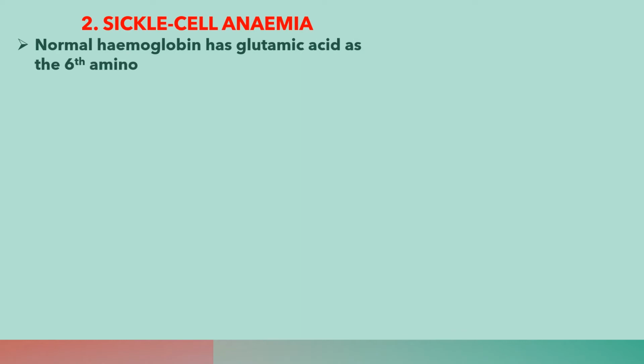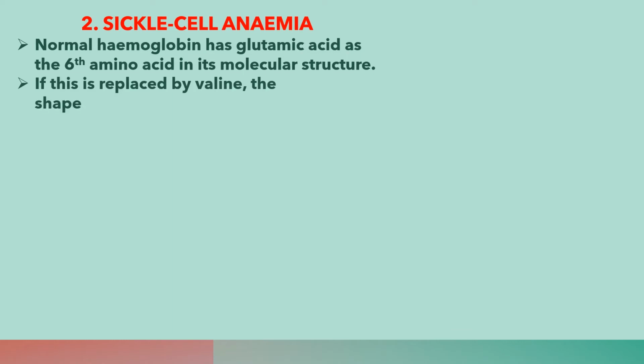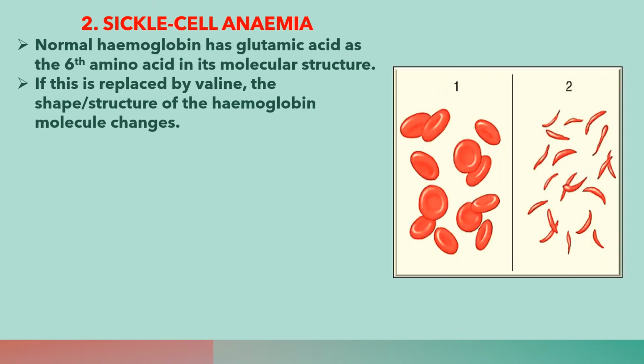Now, the second type of monogenic disorder which we have to study is sickle cell anemia. Normal hemoglobin has glutamic acid as the 6th amino acid. Now if this sixth amino acid called glutamic acid is replaced by valine, the shape and structure of the hemoglobin molecule changes. This is the red blood corpuscles or the erythrocytes, the normal one, this biconcave flat type.